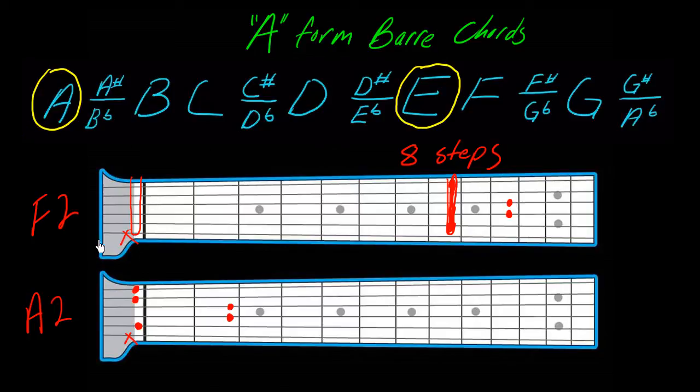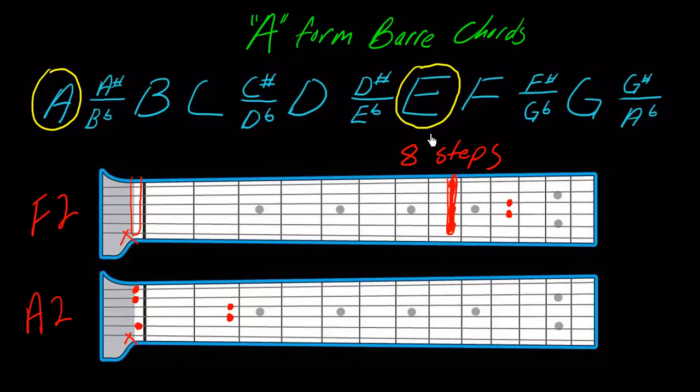One of the reasons why you might choose one or the other is that you may only know a certain type of chord in one of these forms. Like for example, an A2 is played like this. To play an E2 in an open position is much more difficult than in this A form.